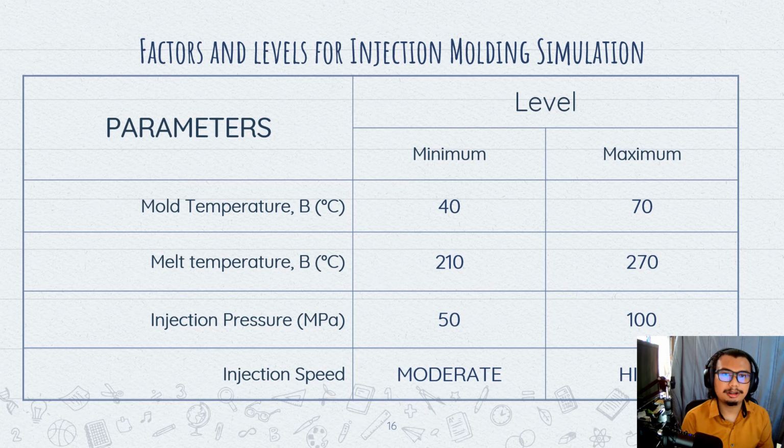Melt temperature minimum is 210 degrees Celsius. Maximum is 270 degrees Celsius. The injection pressure for the minimum level is 50 and the maximum level is 100. For the injection speed, we use moderate for the minimum level and the maximum level is high.